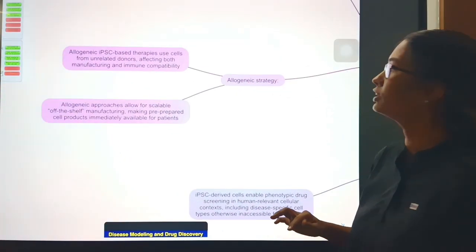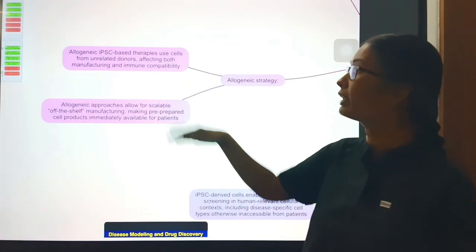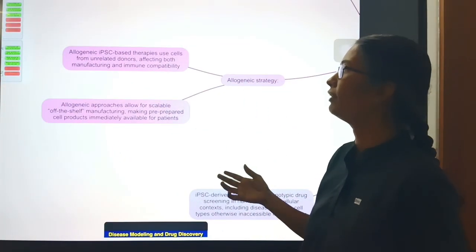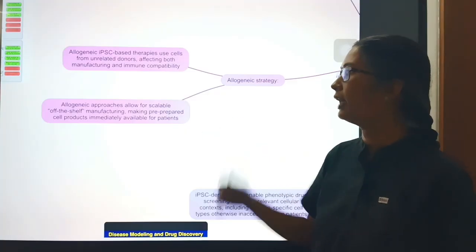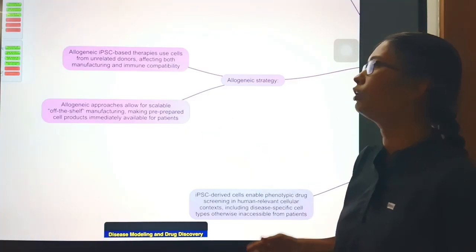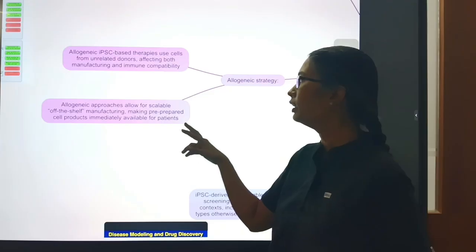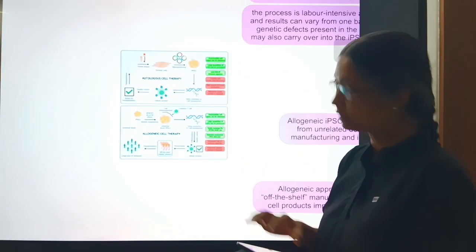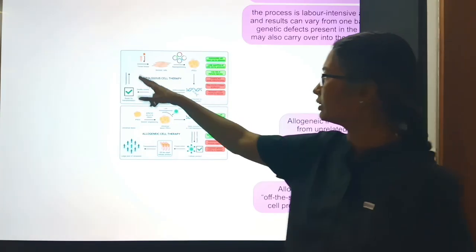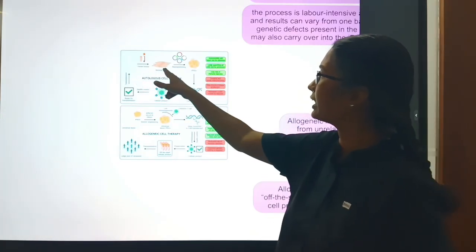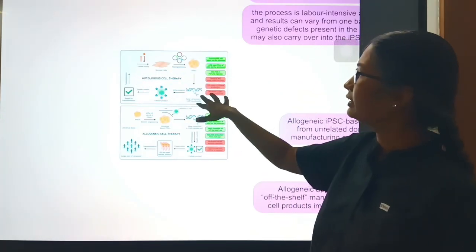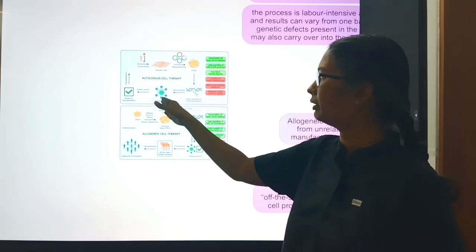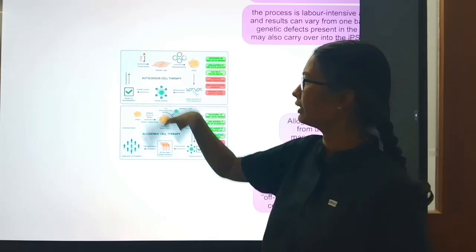Whereas allogenic strategy-based therapy uses cells from unrelated donors, affecting both manufacturing and immune compatibility. Allogenic approaches allow for scalable off-the-shelf manufacturing, making pre-prepared cell products immediately available for patients. So in autologous cell therapy, the cells are taken from the patient, reprogrammed into iPSCs, genetic corrections are made, then a cellular product is made and transplanted.